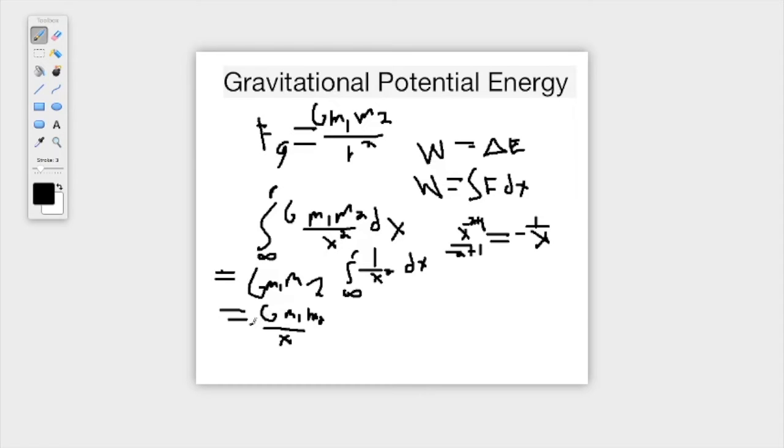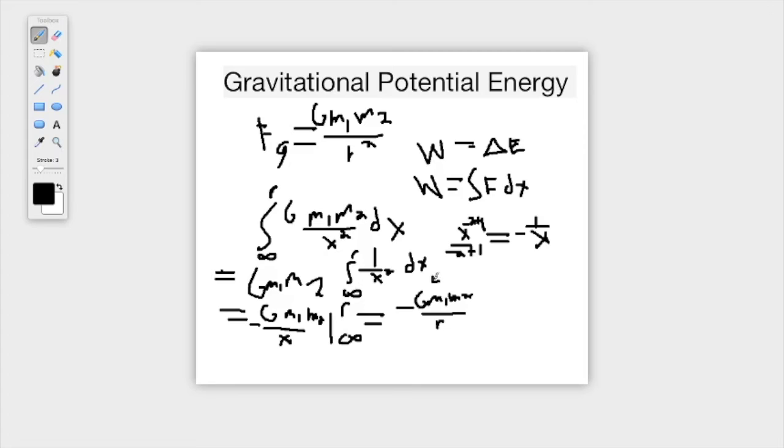And here's a negative right here. And this is being evaluated from infinity to r. So we get G m1 m2 over r.